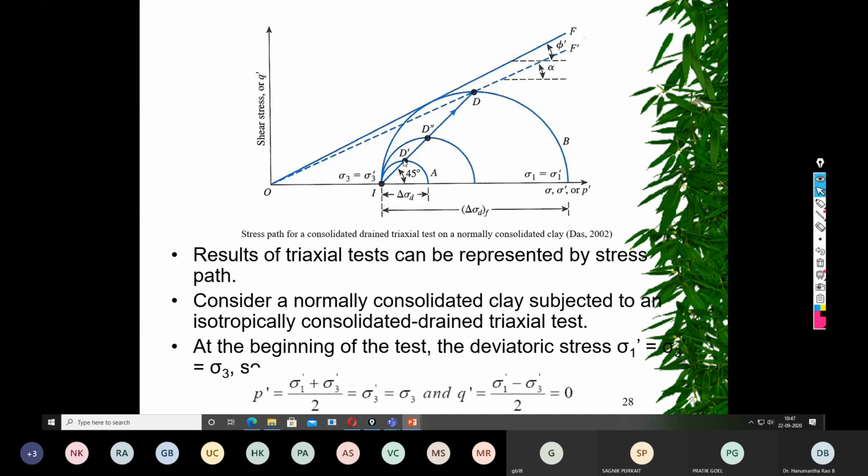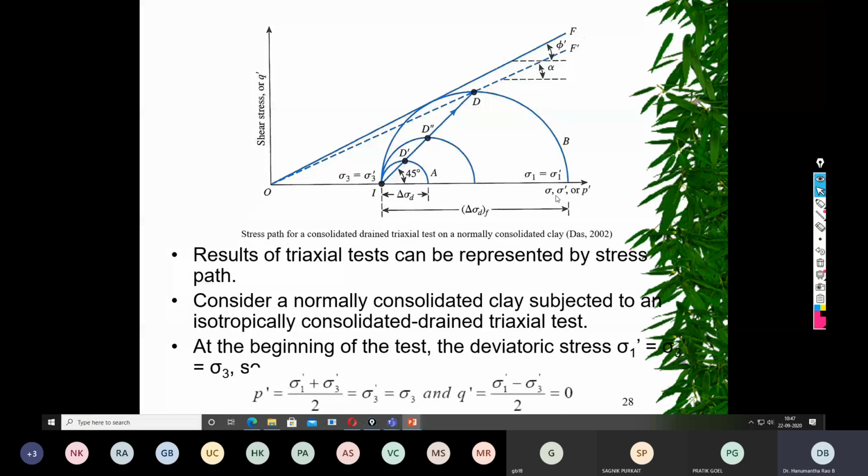Now, if you do not measure the pore water pressure, this may be different. If you measure the pore water pressure, this may be different. How? When you are increasing delta sigma d, if it is only in the form of total stress, this is the Mohr circle.